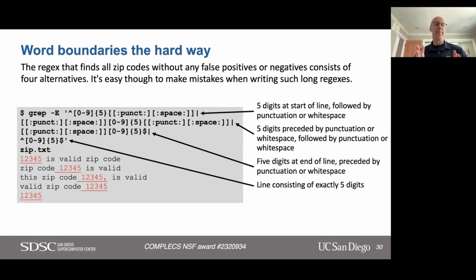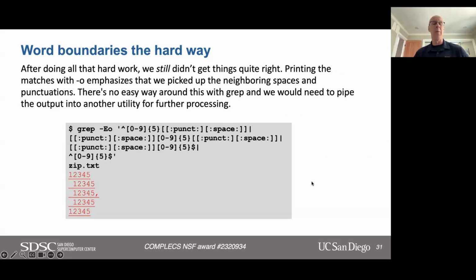And when we do this, we see that we picked up all of the valid zip codes. But you'll notice also that we picked up some additional characters. So let's say that we were trying to extract the zip codes. And I'll show an example here where I use the -o option for grep so that we just get the matching string. You'll see that we've picked up the surrounding white space and the punctuation.